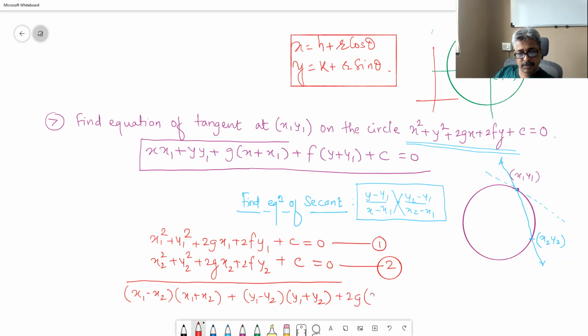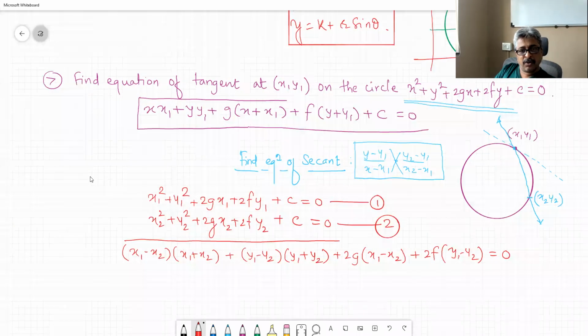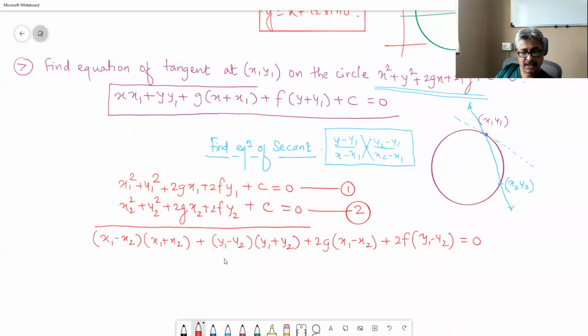Plus 2g times (x1 minus x2) plus 2f times (y1 minus y2) is equal to 0. Okay, this is a very good equation. Now all those x1, y1 and the circle are taken into consideration.